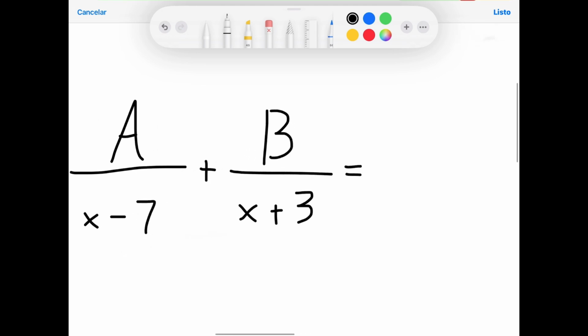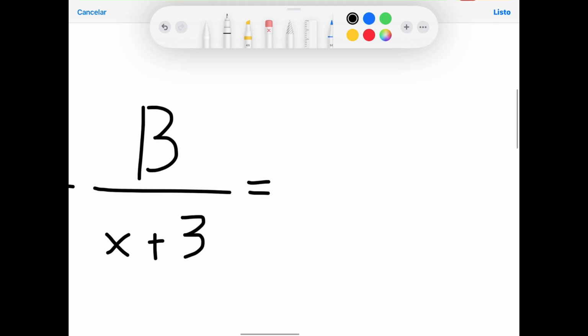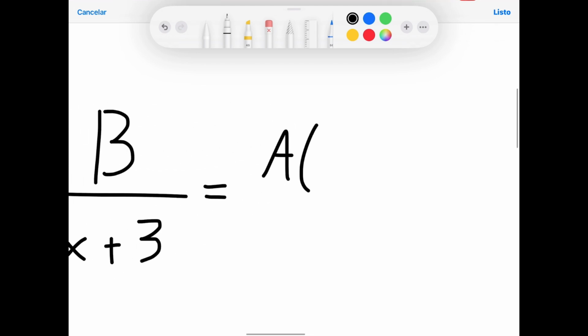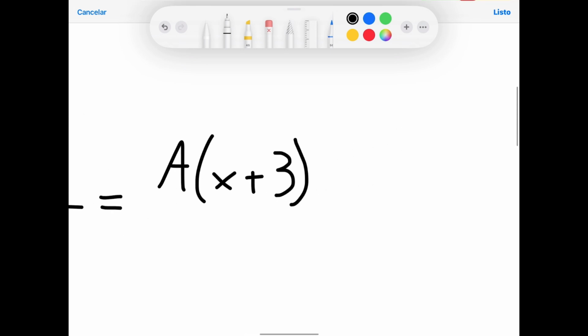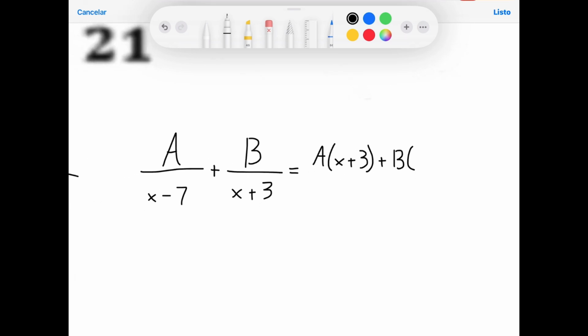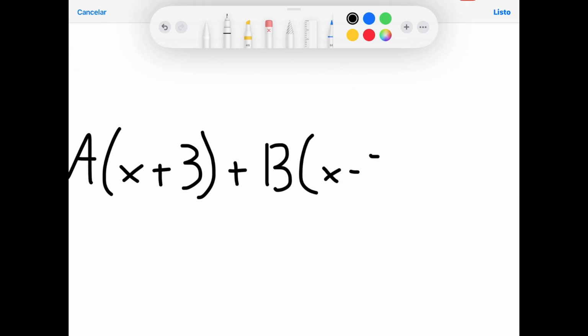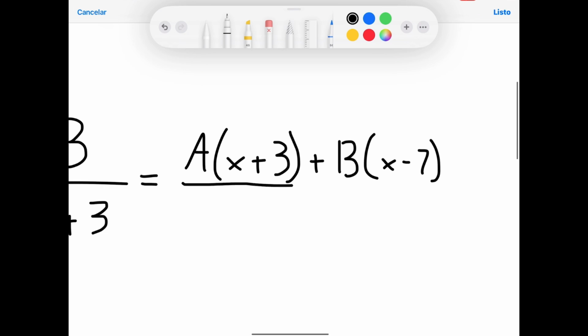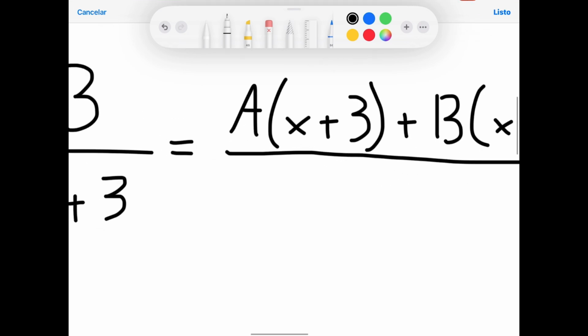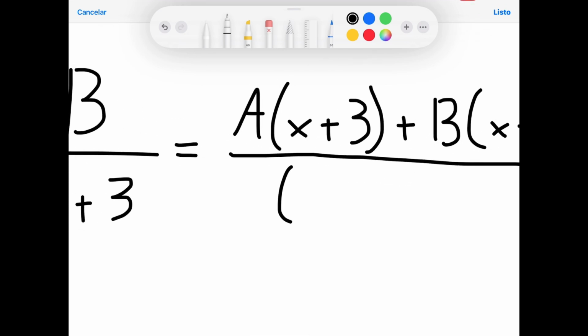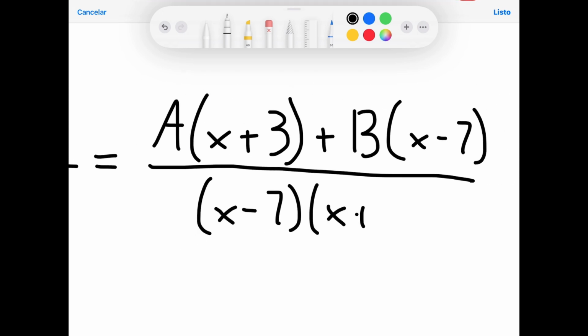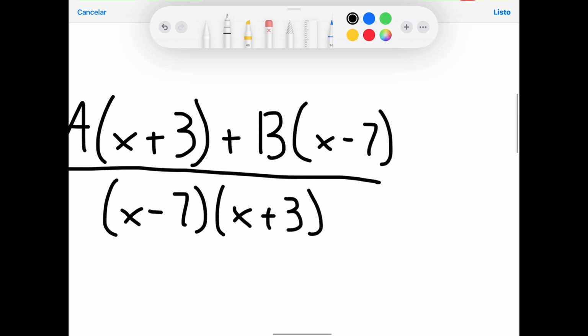So I get 5 times x plus 3 plus b times x minus 7. And the denominators are still the same: x minus 7 times x plus 3.